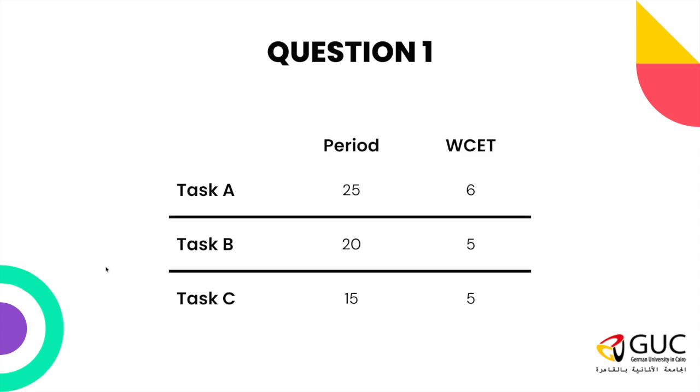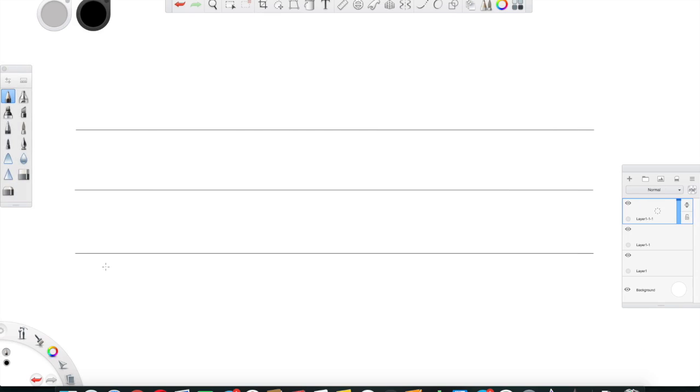If we go to our sketchbook to draw the execution diagram, we have 3 tasks, and as I told you before, the question did not specify the arrival time of the tasks. Therefore, all 3 tasks arrived at the same time, at clock tick 0.